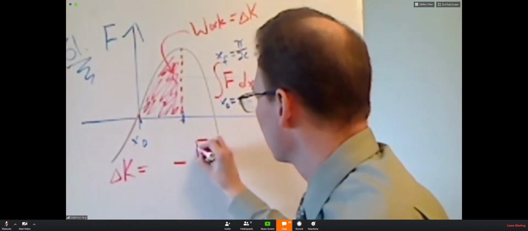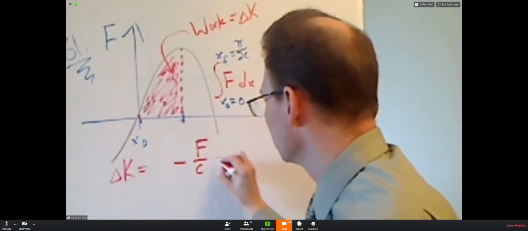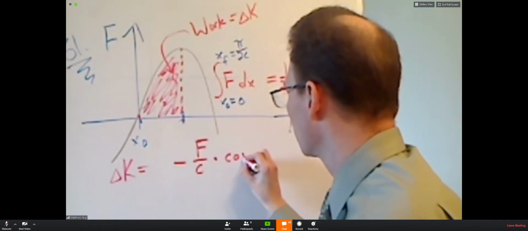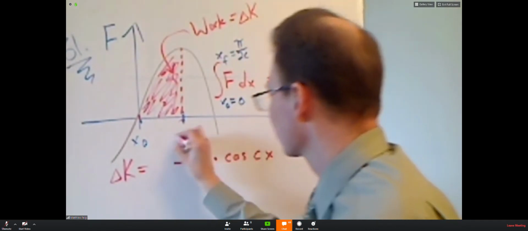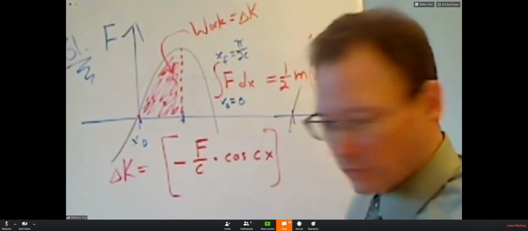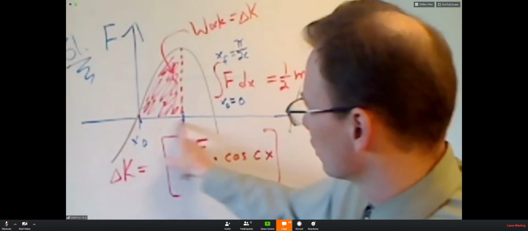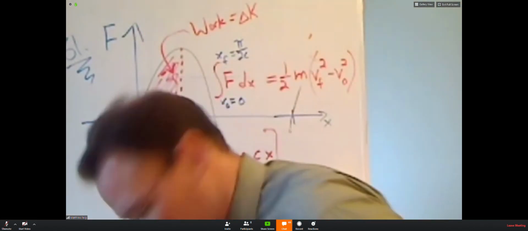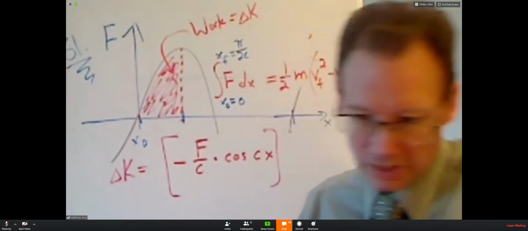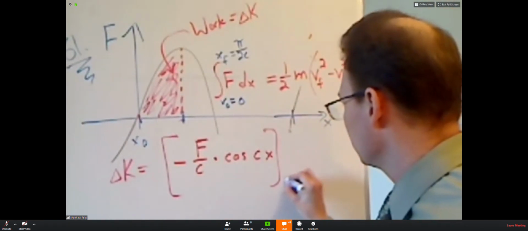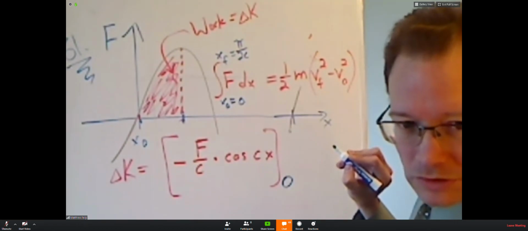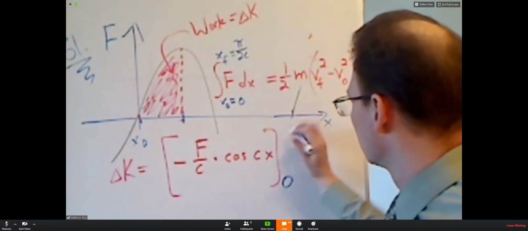So now I've got negative F over c times cosine of cx. And I need to evaluate it from the starting endpoint of 0 to the final endpoint. I lost my markers. Oh, behind the book. What's the starting endpoint? 0. What's the ending endpoint?